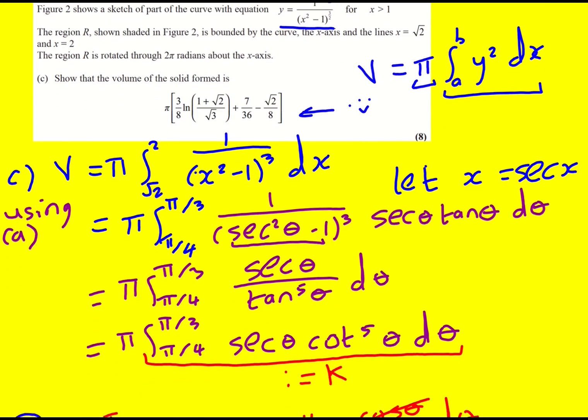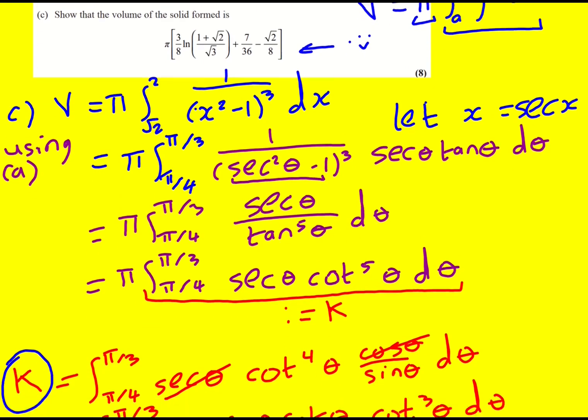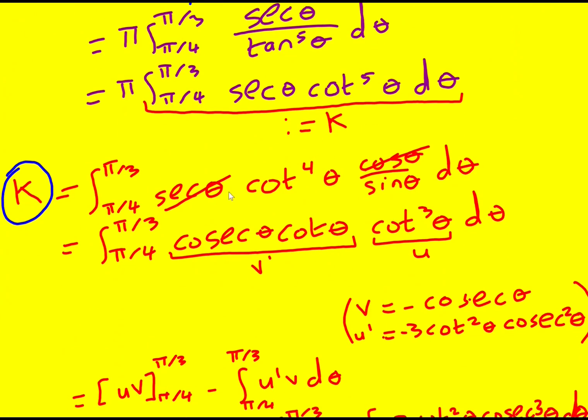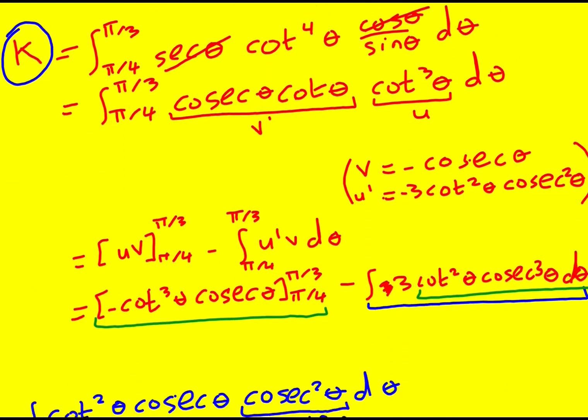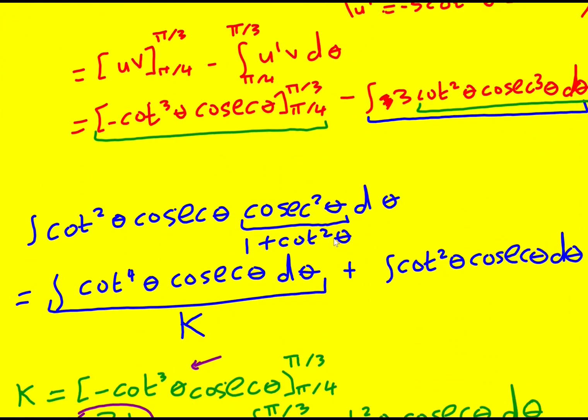And we used part A to help set up the integral, getting cot to the power of 5, using the ideas of part B to write it as cot to the power 3 times cosec cot, integrating by parts. There was still more to do then. Bringing back in the 1 plus cot squared theta. I didn't talk about that, but that was a big thing in part B to help do the integral.